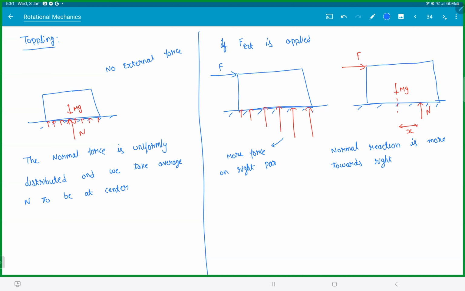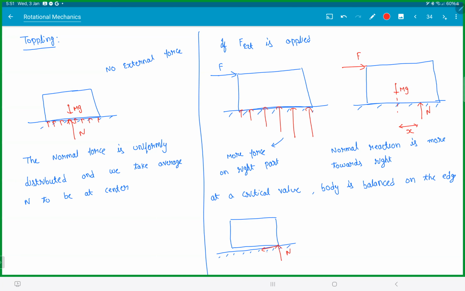Now, if you keep on applying more and more force, at critical value, the body is balanced on the edge. Meaning this is how it looks. The entire weight is acting on the corner.